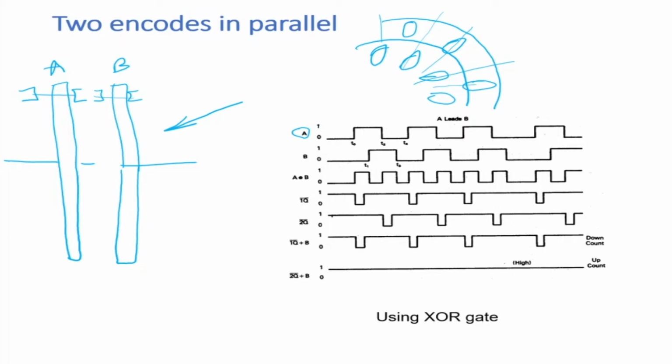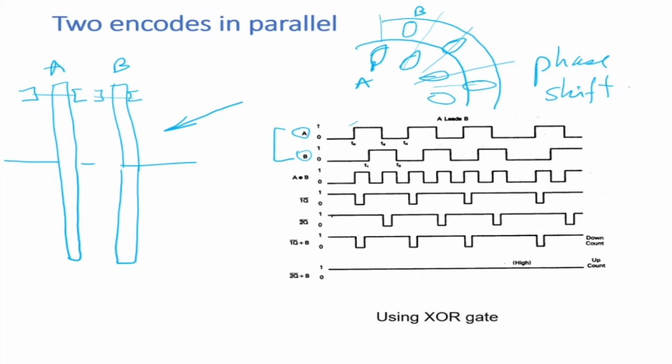Now we have two of them, A and B, and because of this phase shift, the B will be lagging A. Okay, so this will come after some time. So here first A will come, then B will come. Okay, and that is being seen here also.